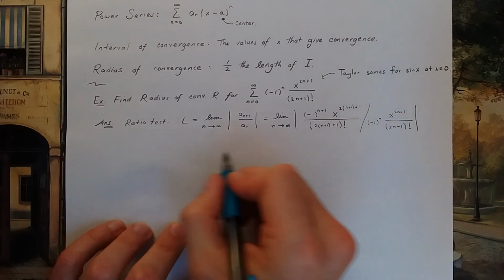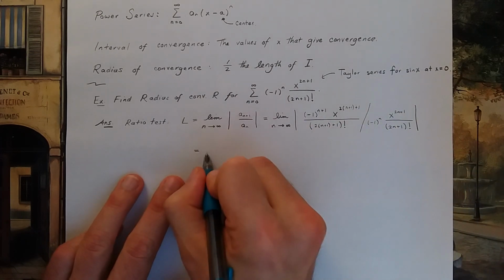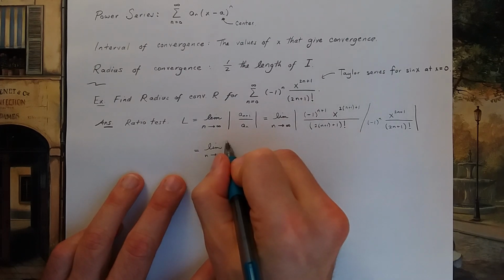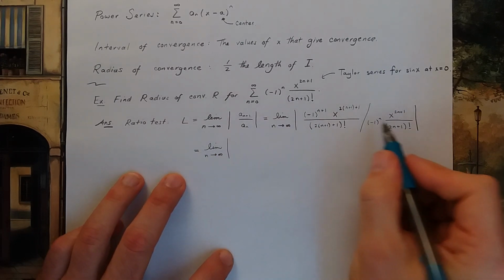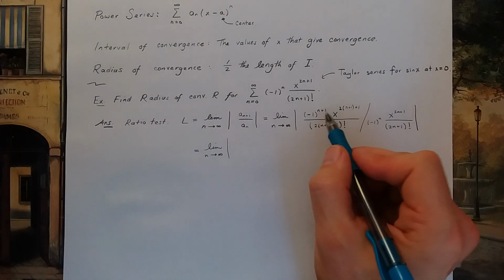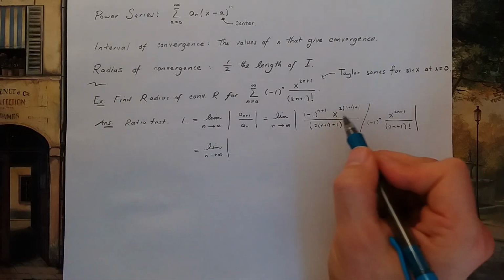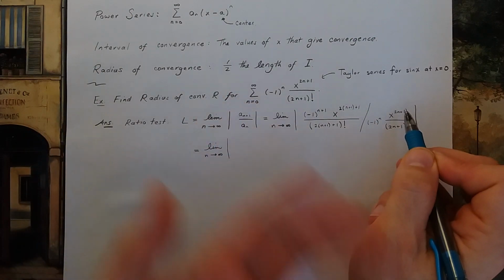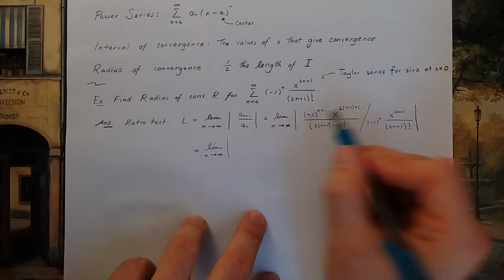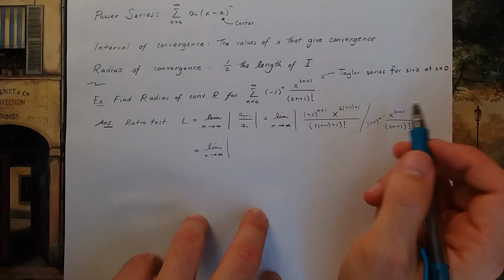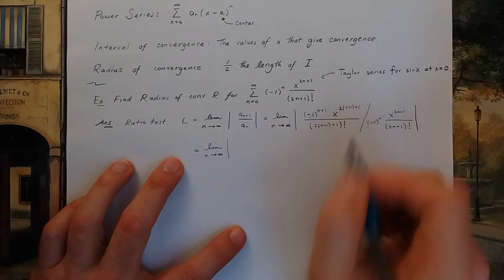Okay, that's kind of messy, so let me simplify a bunch. So that's the limit as n goes to infinity. I have absolute values. Since I have absolute values, these plus or minus signs I could completely ignore. I'm taking the absolute value anyway. I'm making everything positive. So I'm just going to ignore all the plus or minus signs. Now the powers of x.